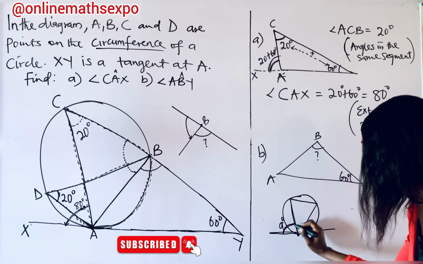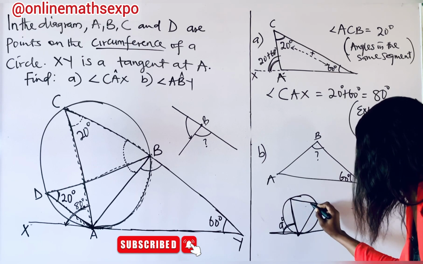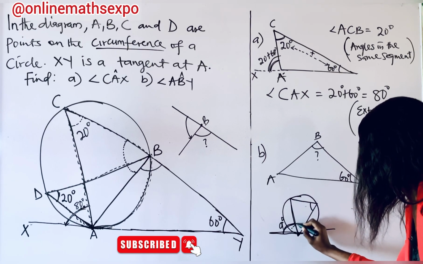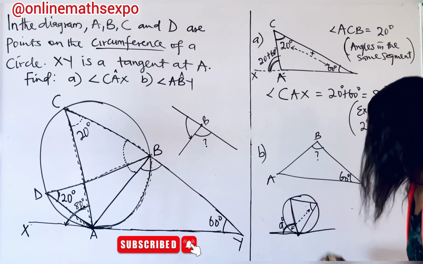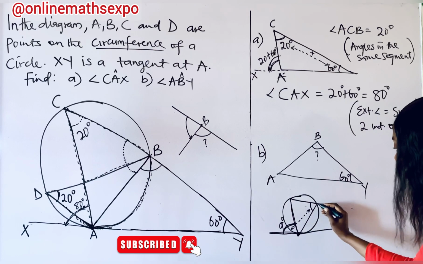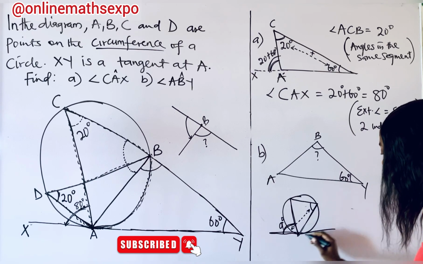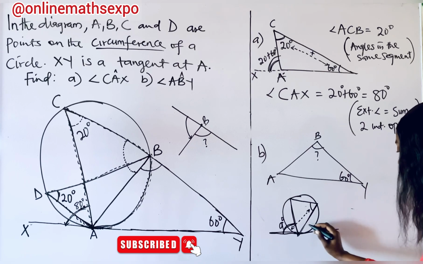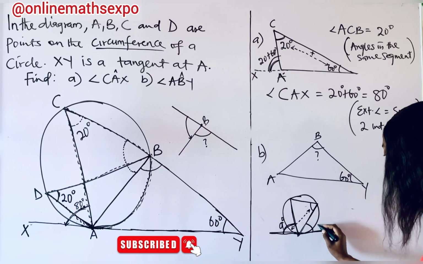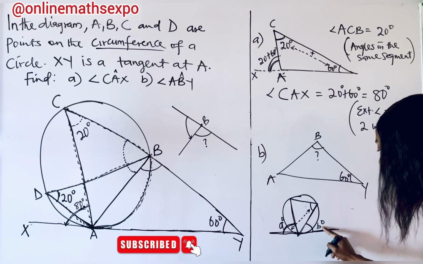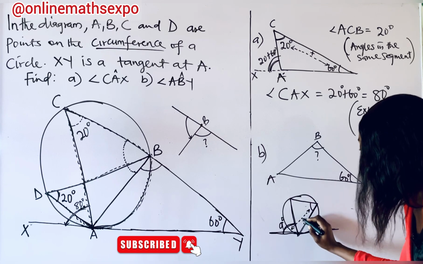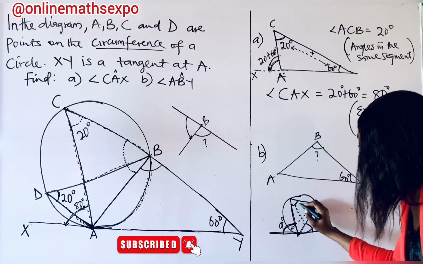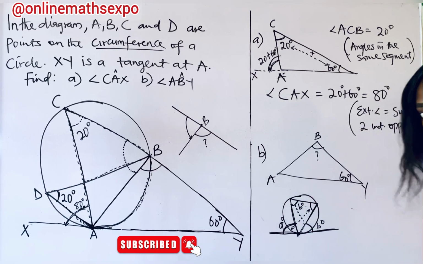So what it means is that what you have here should be equal to what is here. I hope you have seen it. This is true. And if you watch this side, this is also a chord, and this is what? A tangent. So you see, the angle they make at the point of intersection, if you call it angle B, it should be equal to this one here. I hope you have seen it. So here we should have 80 degrees also.